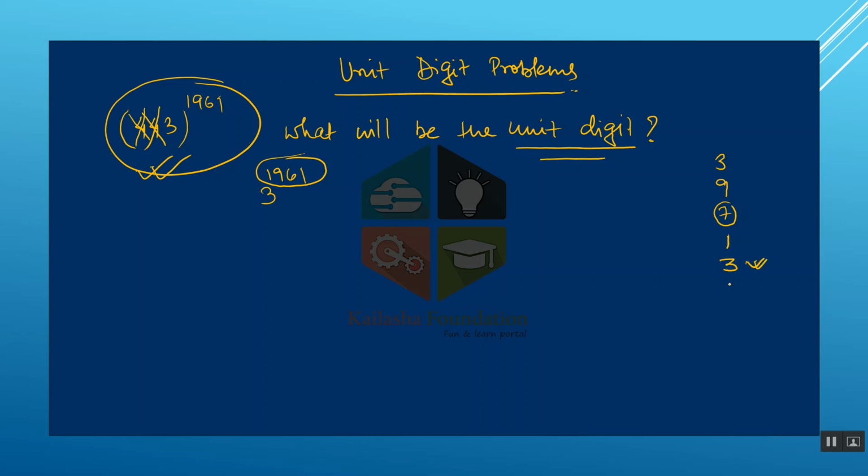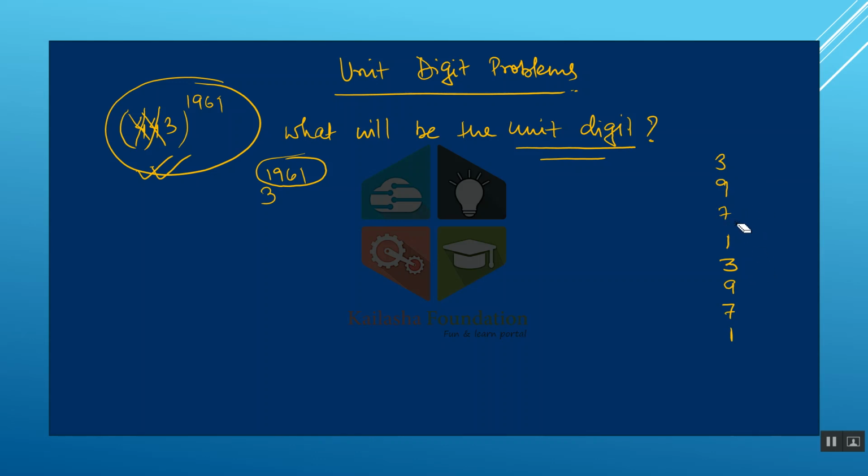Then 729, 9 is again repeated, then 2187, 7, then 6561, then again there is 1. So 3, 9, 7, 1, 3, 9, 7, 1, this cycle goes on and on.